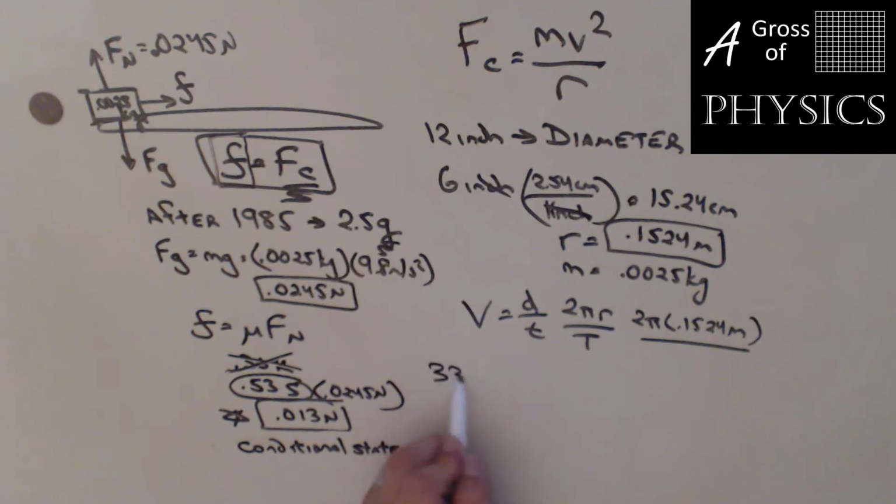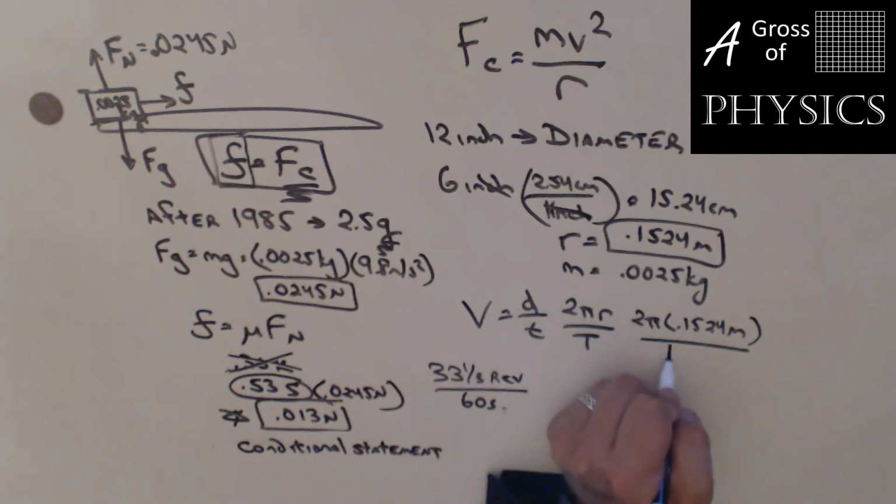Well, we have 33 1/3 RPM, and the RPM means revolutions per minute, which is 60 seconds. So if I take 60 and divide it by 33.33, I get 1.8 seconds.